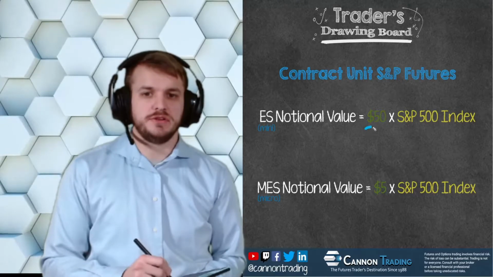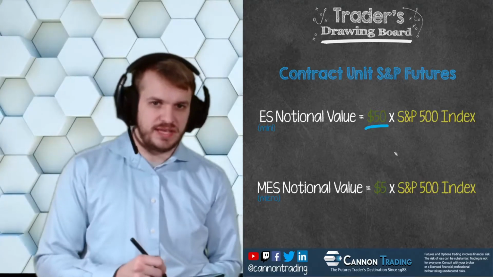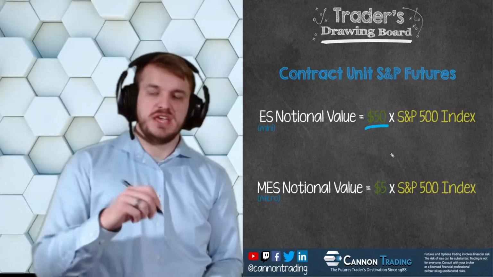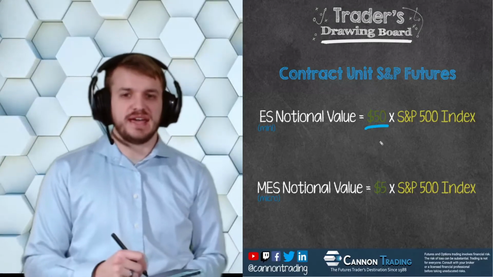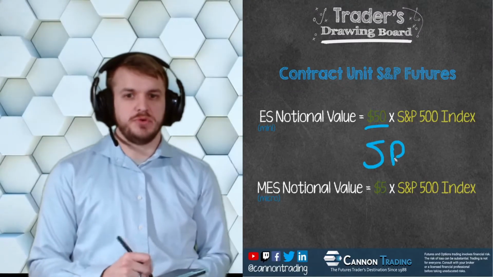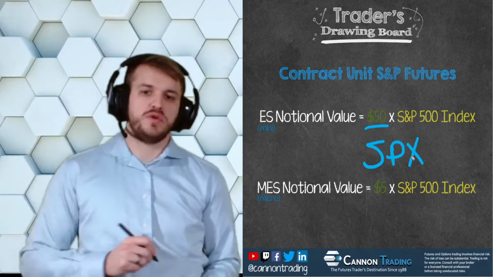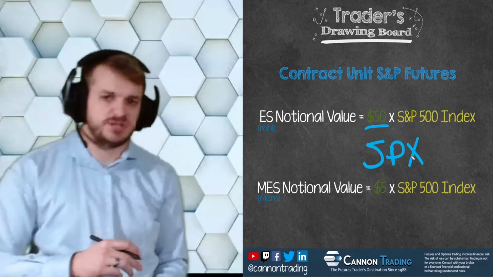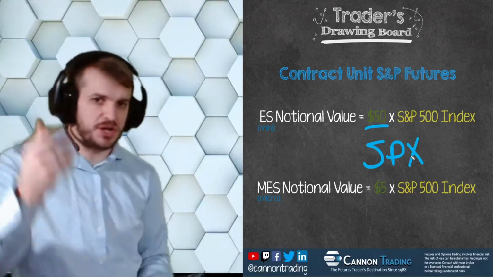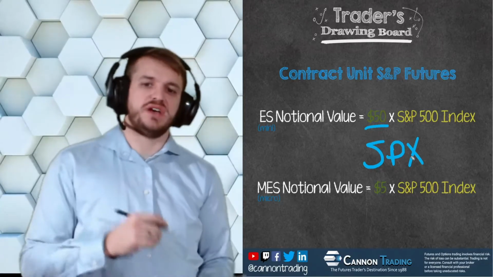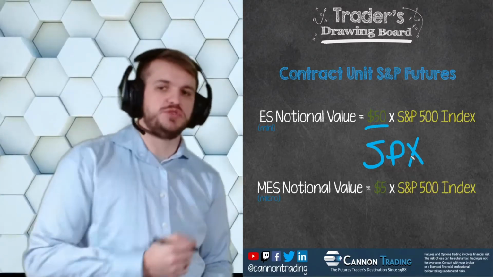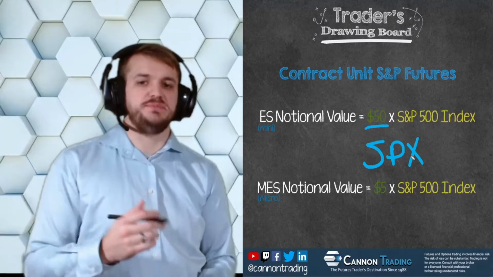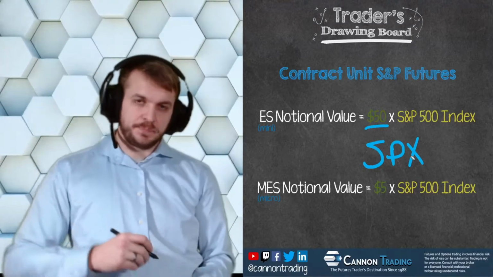If you Google SPX, that is the symbol for the S&P 500 index. So Google SPX is going to bring up a value. If you take that value times 50, you will have the notional value of an E-mini S&P 500 futures contract.